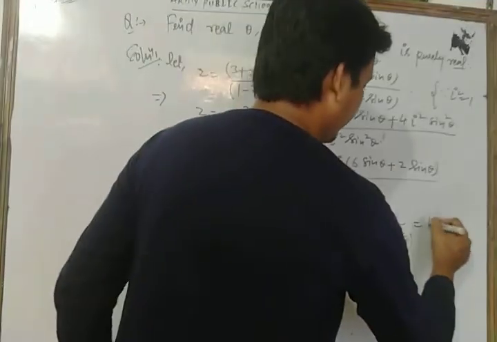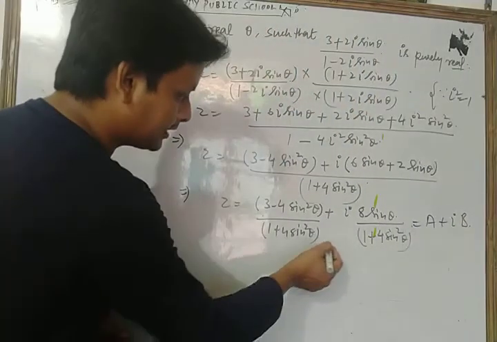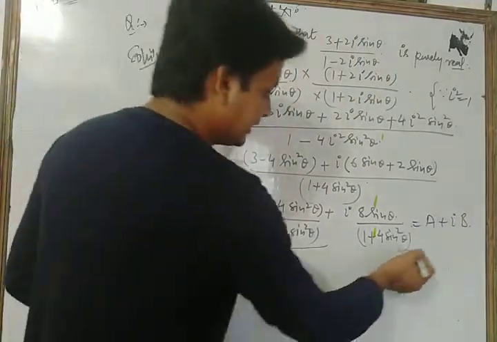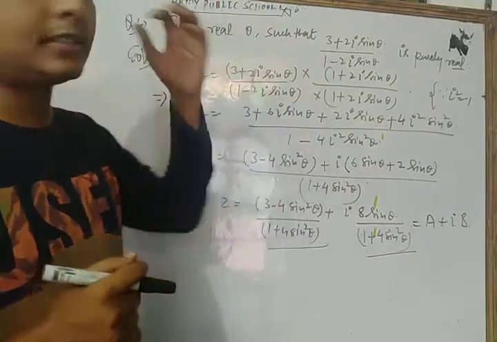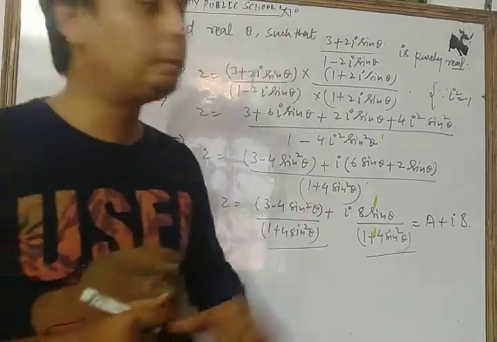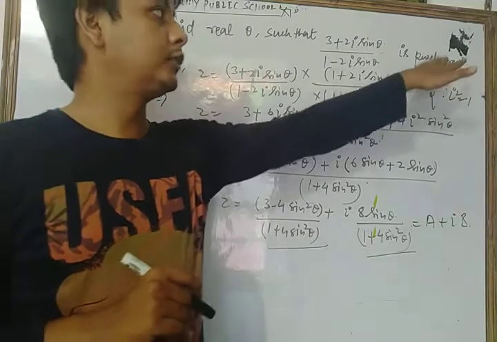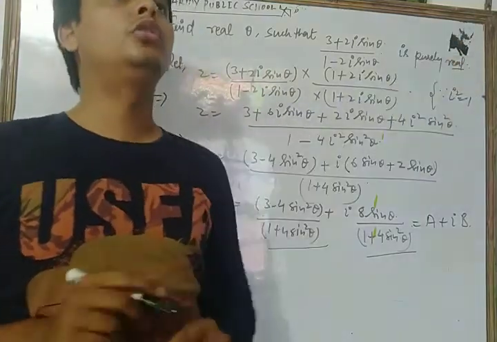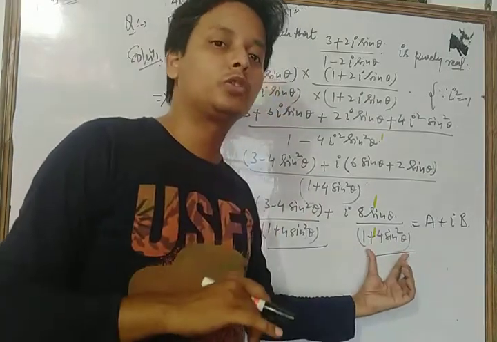Here this is the form of a plus ib, where a is the real part and b is our imaginary part. But dear students, the given complex number is purely real according to the question, so its imaginary part must be equal to 0.